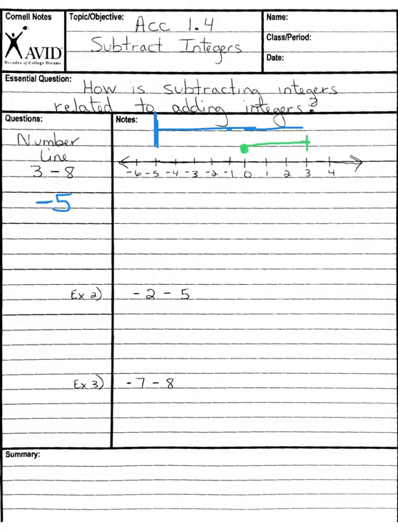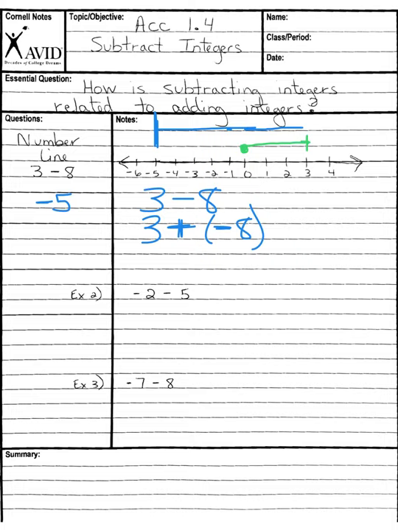Now let's talk about how this is similar to addition. Well, we can take every single subtraction problem, 3 minus 8, and we can change every single subtraction problem to addition. It is the exact same thing as adding the opposite. So we can always change every single subtraction problem to add the opposite value.